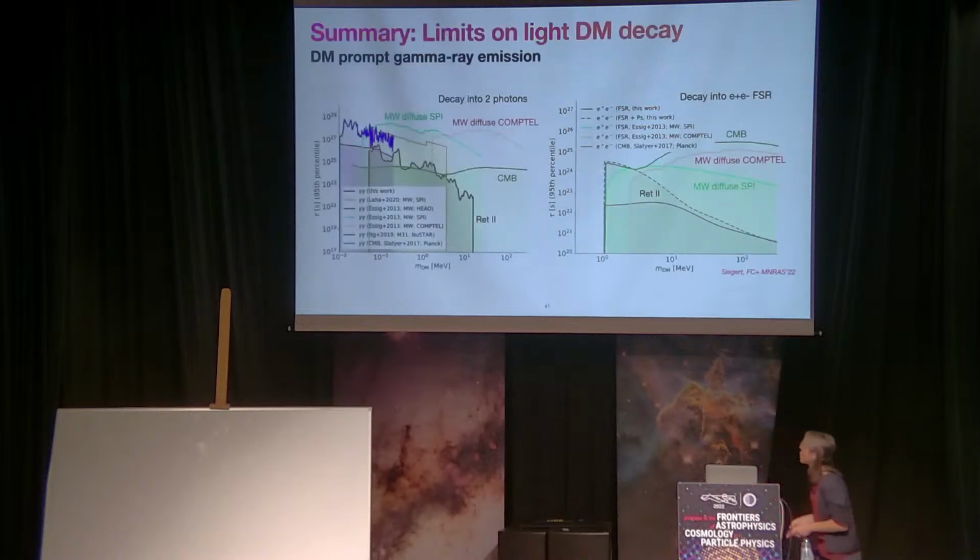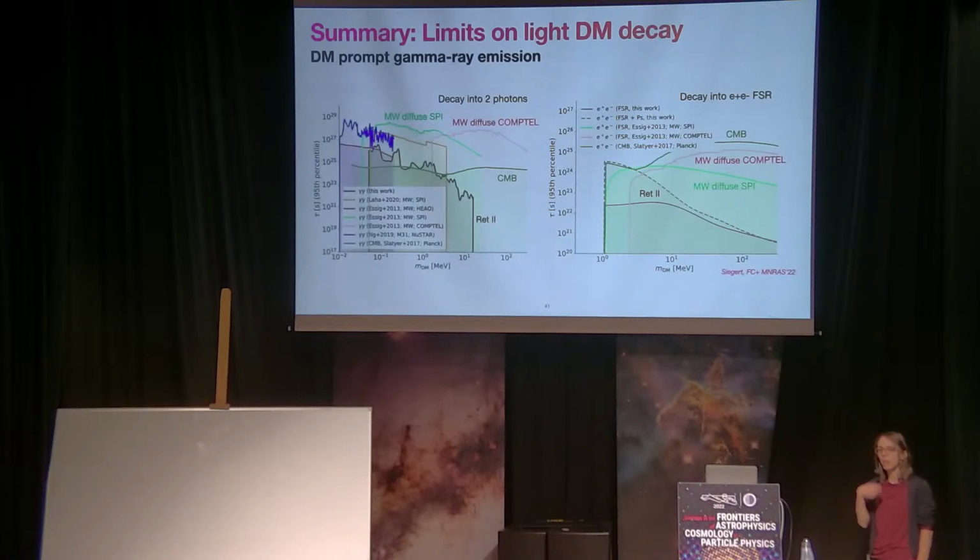Typically, collider searches for light dark matter are focused on models which are, for example, dark sectors or variations of dark sectors, where you have already built the model in order to evade the constraints, most notably from the CMB.